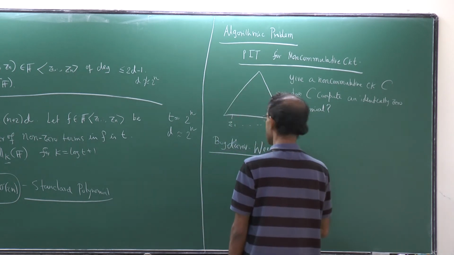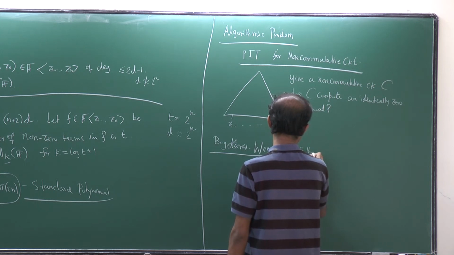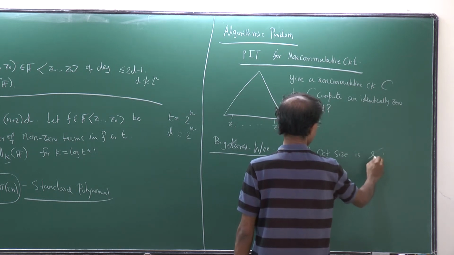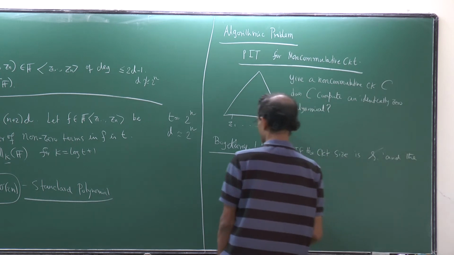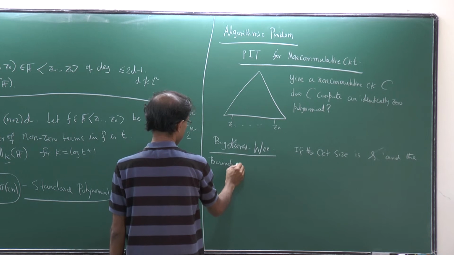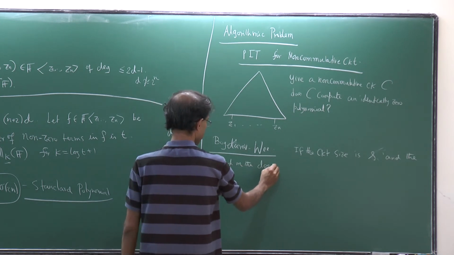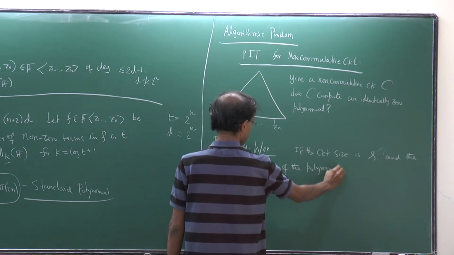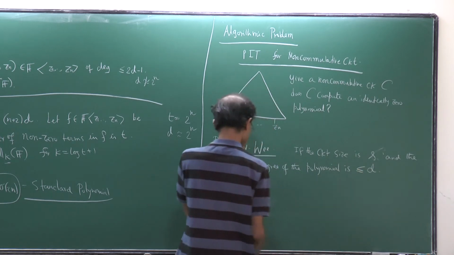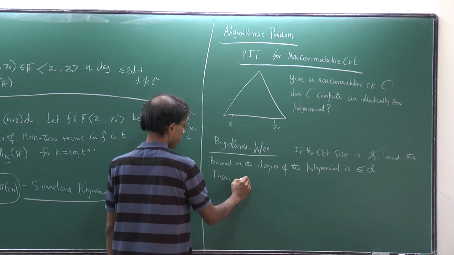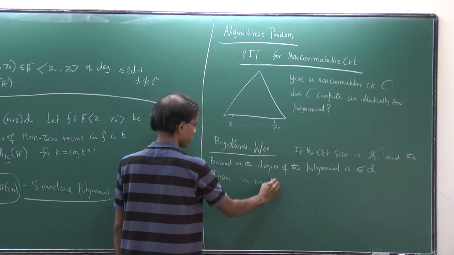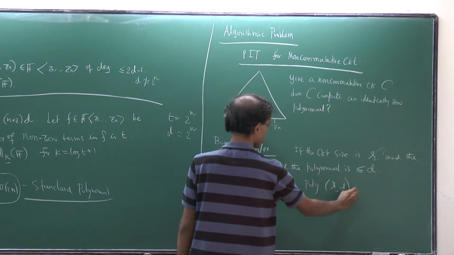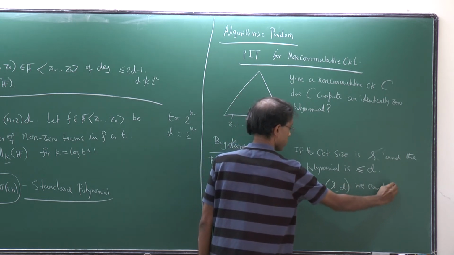The result they proved is that if the circuit size is S, and the bound on the degree of the polynomial is D, then we can test it in randomized poly(S, D) time.